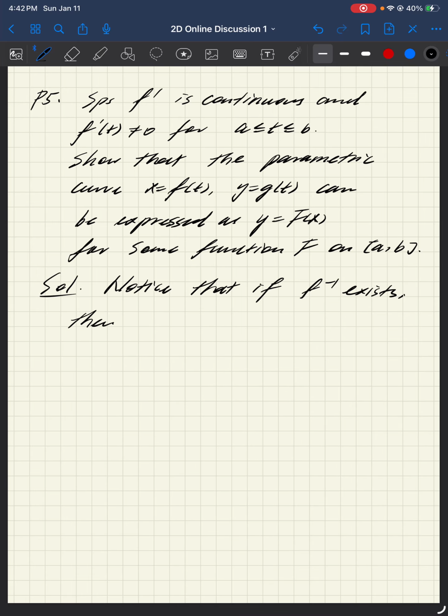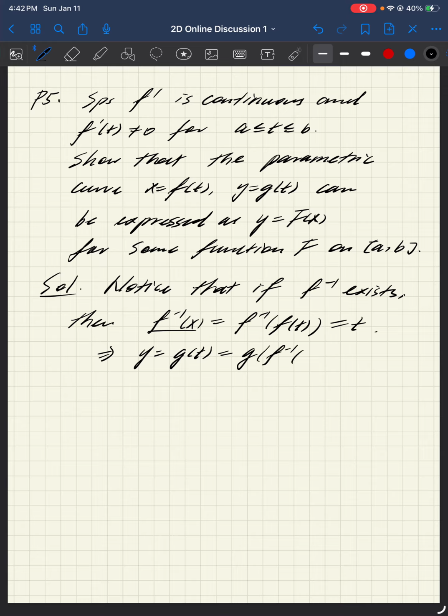If f inverse exists, then I can express t as f inverse of x, which equals f inverse of f(t), the inverses cancel, which is t. So I can express t as a function of x. And therefore, y equals g(t), which, substituting this in, is g of f inverse of x.